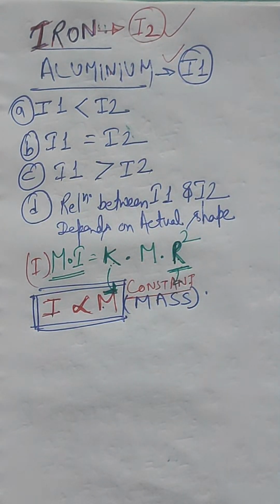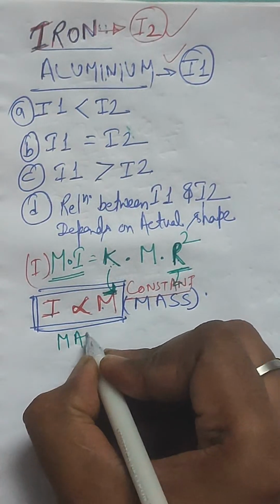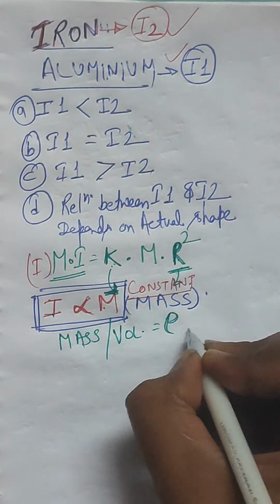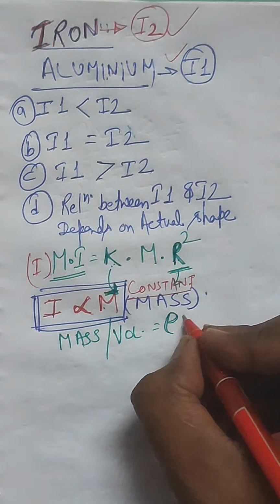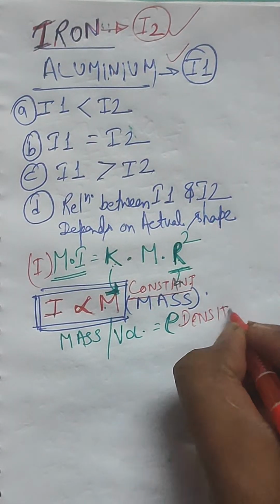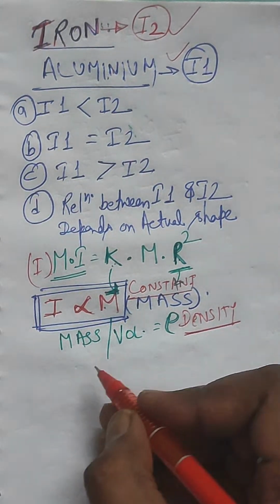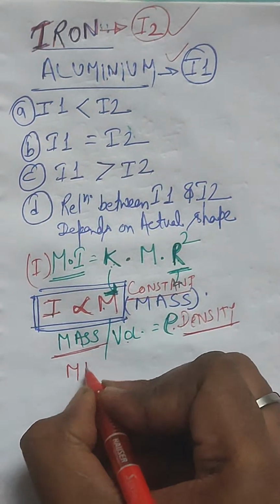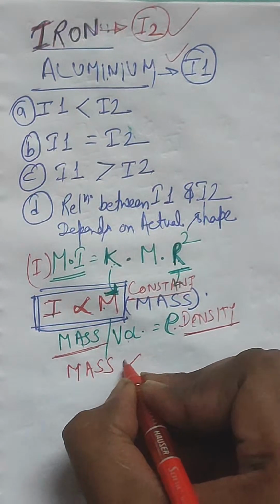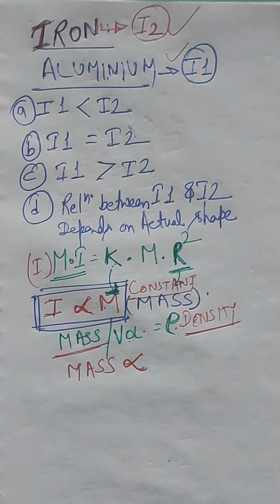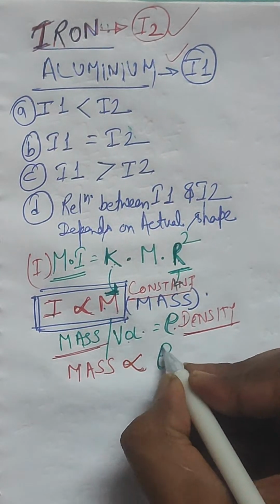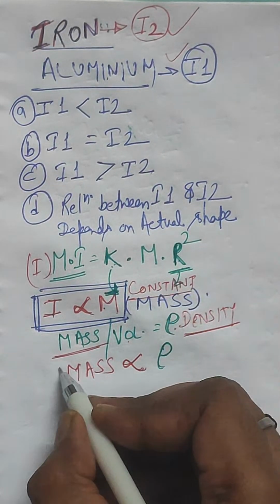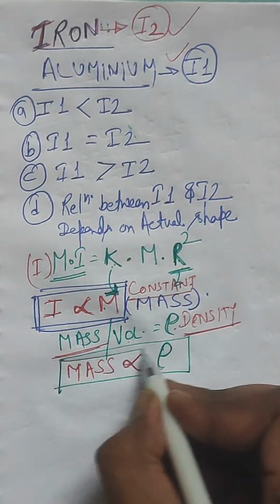Mass of any body divided by volume is given as density. Now if mass by volume is density, then mass of any body is directly proportional to density.